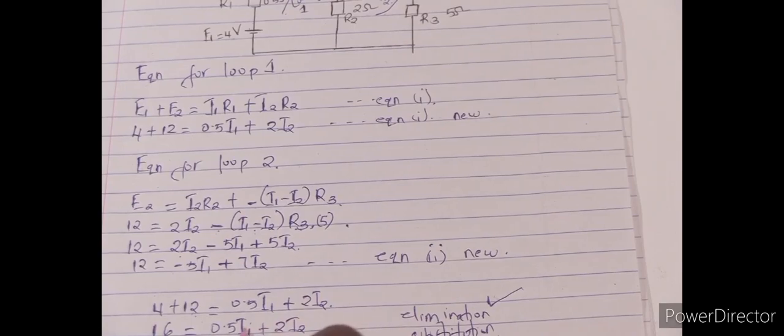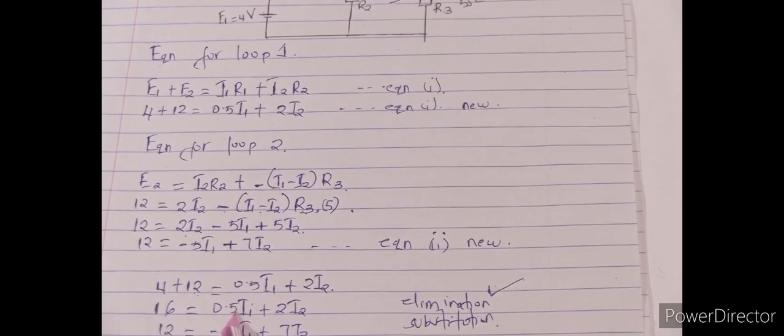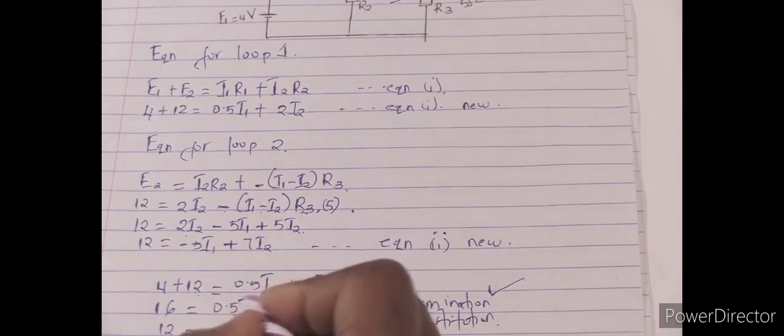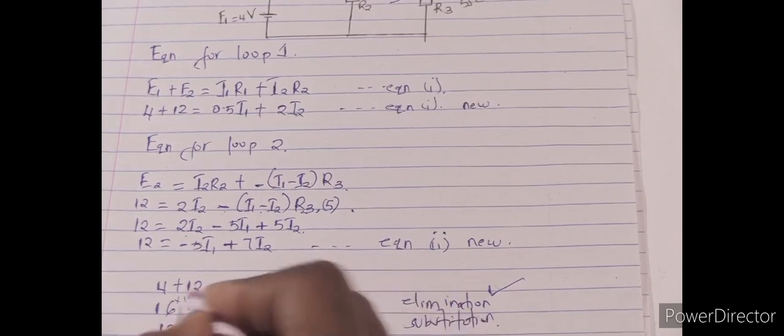So before making I1 the same, you can see the I1 has a 0.5. So we have to remove the 0.5 by multiplying everything in the first equation by 10.